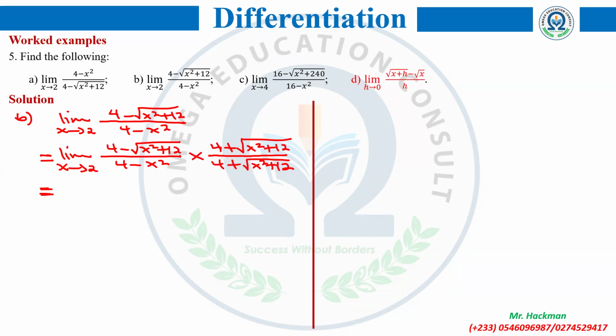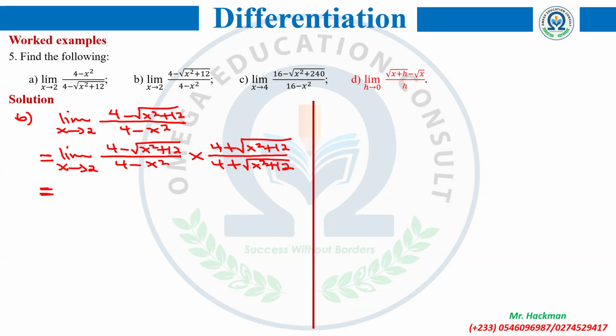The entire class. Please. We will expand it. We won't expand which one? The numerator.